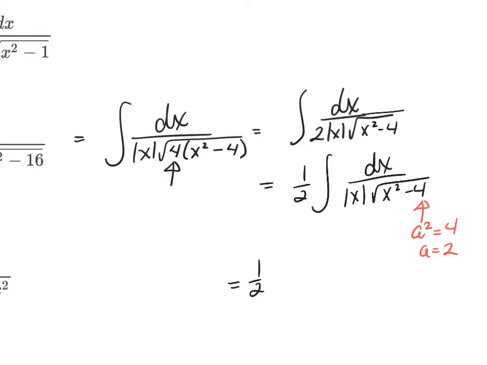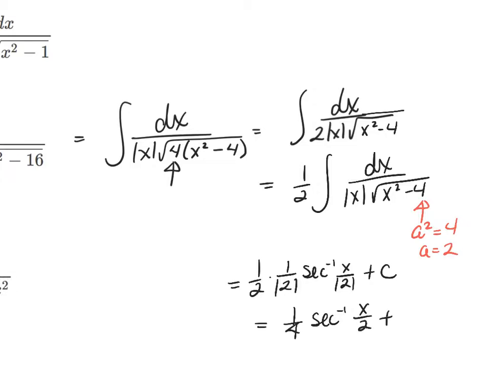So this is going to be 1/2 multiplied by 1 over a, which is 2. The absolute value of 2 is 2. The secant inverse of x over a, which is 2. I put the absolute values on there so you know where those are coming from. Plus c. And so I get 1/4 the secant inverse of x over 2 plus c.